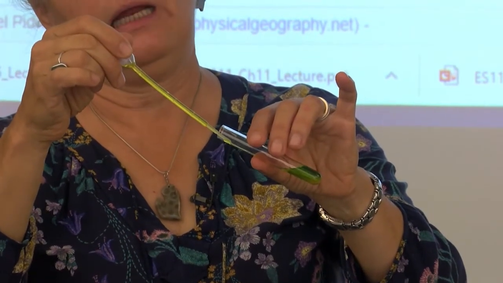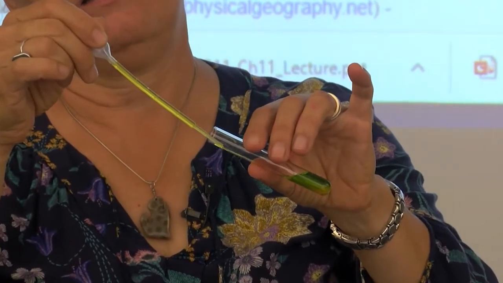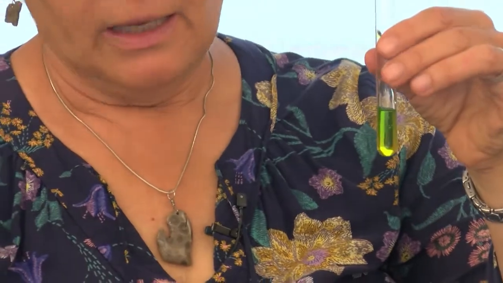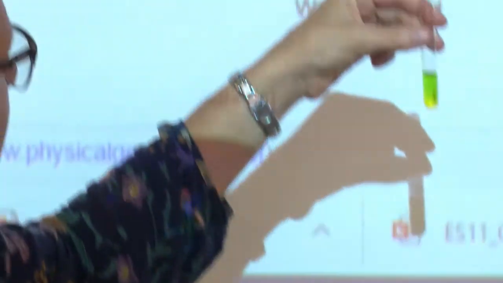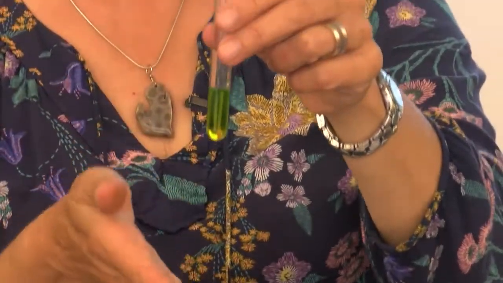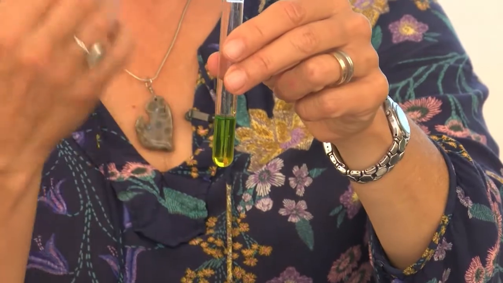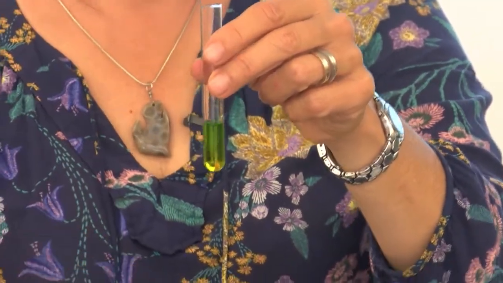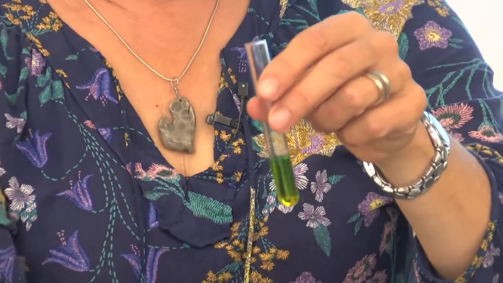Okay, I don't want to put it in real forcefully. So I put the green in first, and then I put the yellow in, and you can see that the yellow went down to the bottom. The yellow, the 50% saturated, is more dense than the tap water.